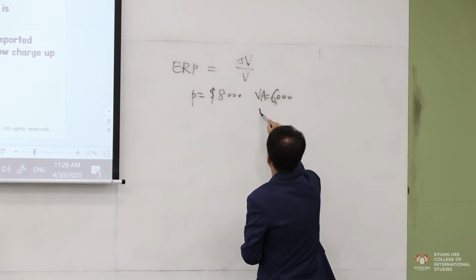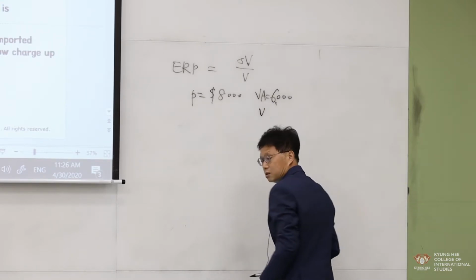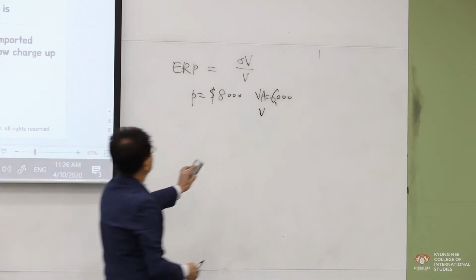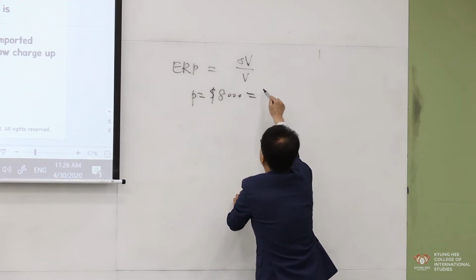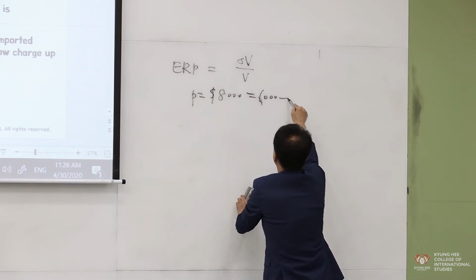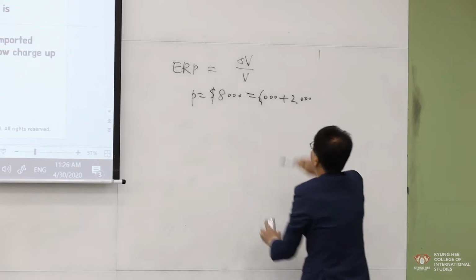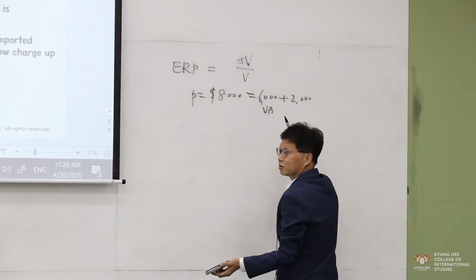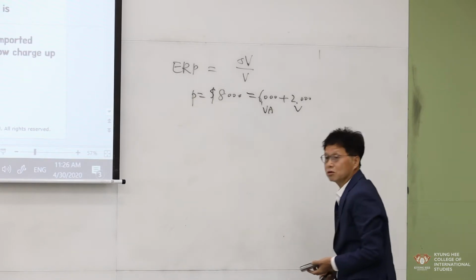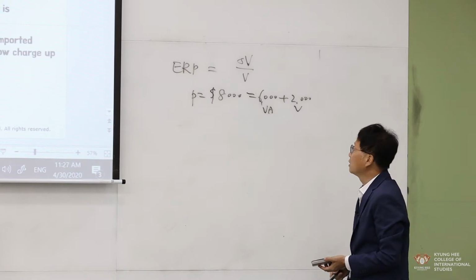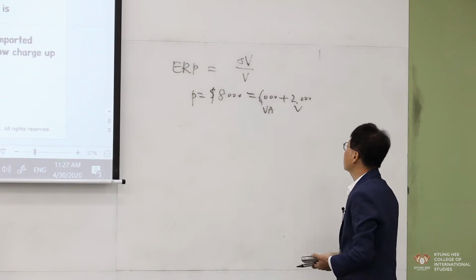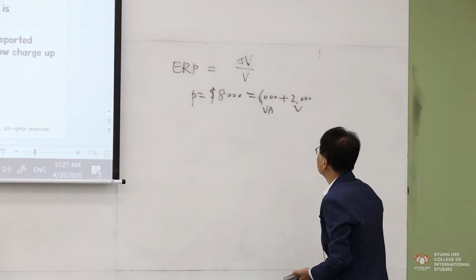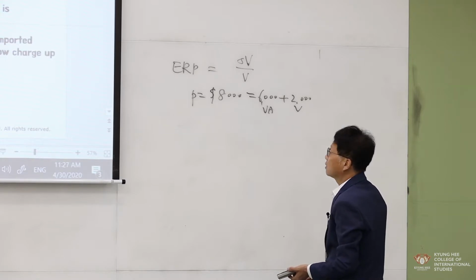The others are $2,000. The value is $8,000, which equals $2,000 plus the value added of $6,000. Okay, there is some problem in notation, but I'd like to explain it like this.